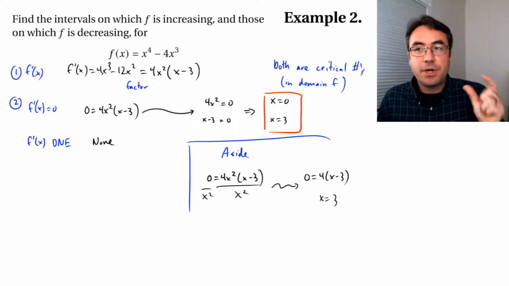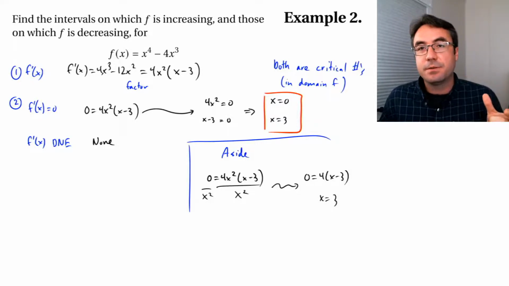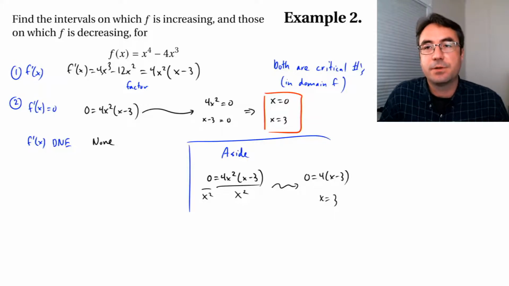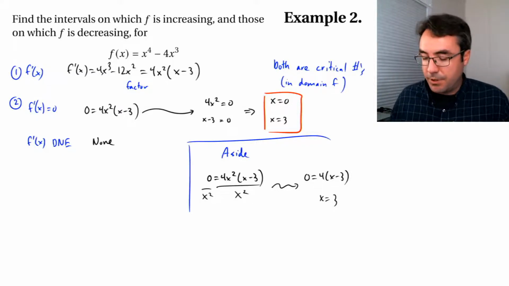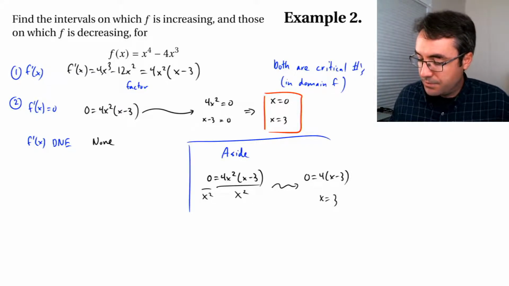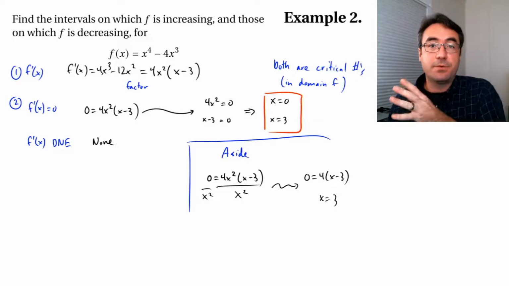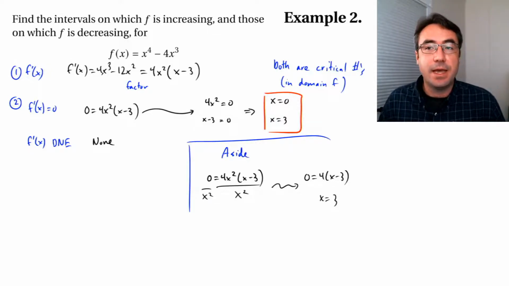So as soon as you start dividing by an x term, you risk losing one of the critical numbers there. So it's better to follow this approach where you get your function factored like we did, and then you set each of the individual factors equal to 0 and solve those equations. So you try to get it factored as much as you can.